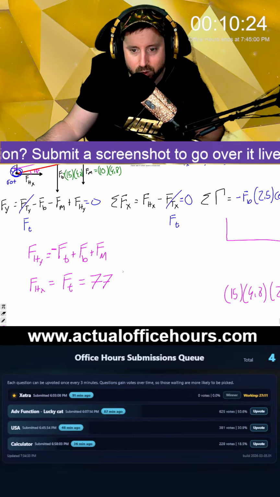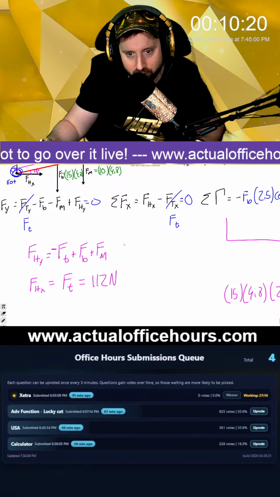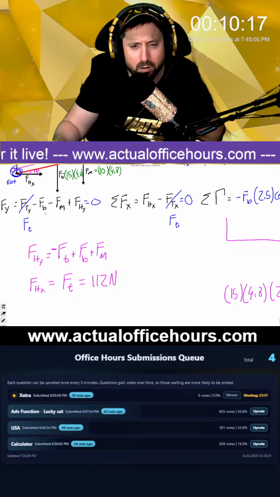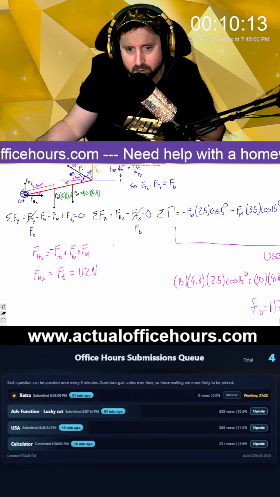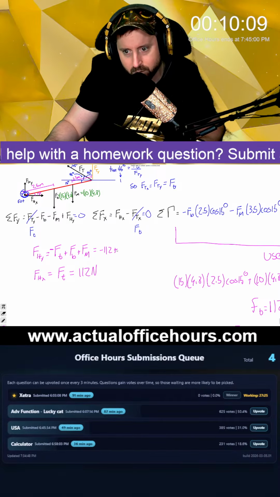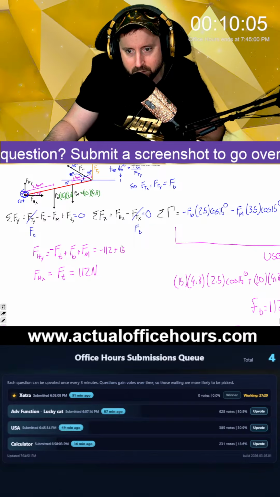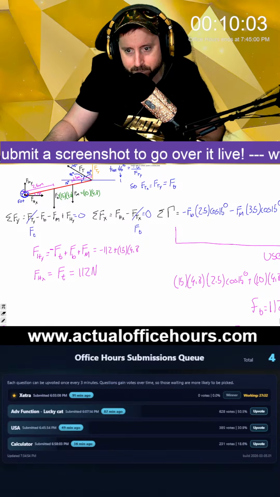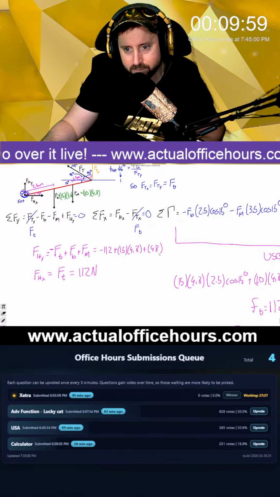Okay, so then that's 112 newtons. Let's figure this out. That goes over, that goes over. This one's negative, you're right. So that's equal to negative 112 plus the force of the beam, so plus 15 times 9.8, plus 98.